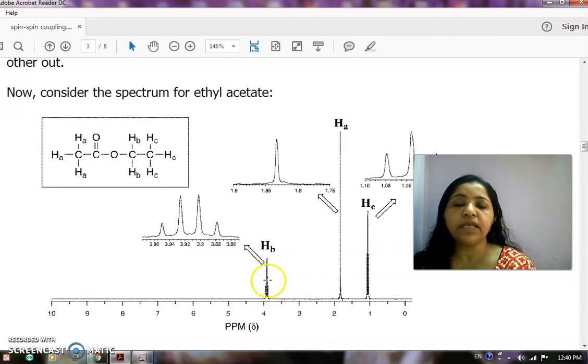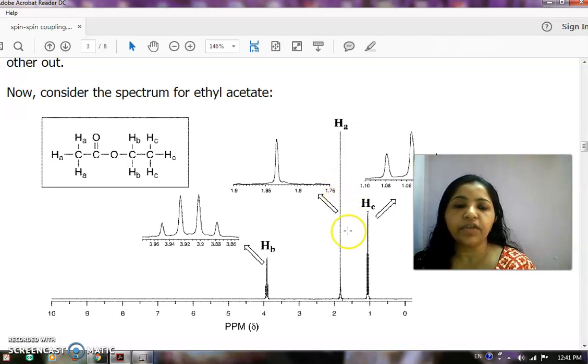If you see the peak height intensity of this, it is highest, it is in between, and it is less. If you count it, it is 3, it is 2, it is 1. That means this ratio is 3:2:1. So the maximum number of hydrogens present on a carbon is 3.